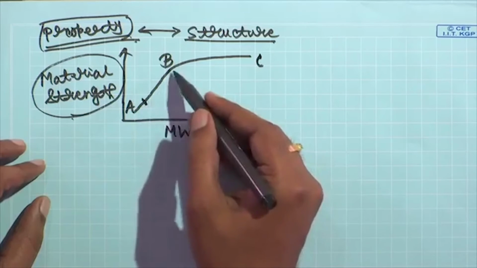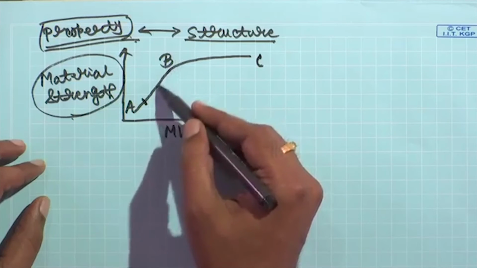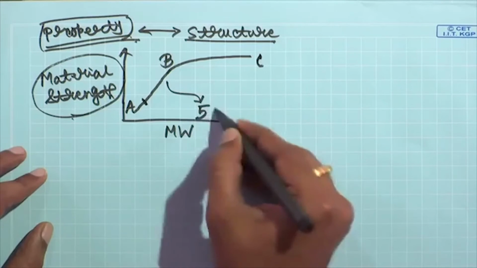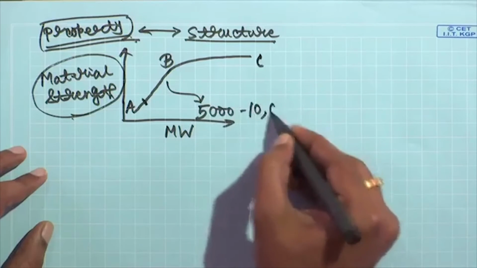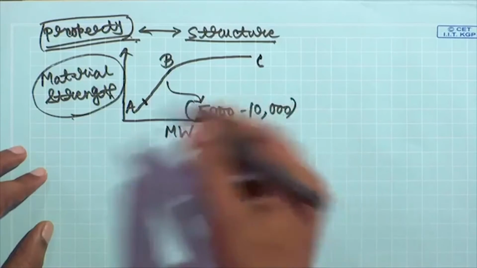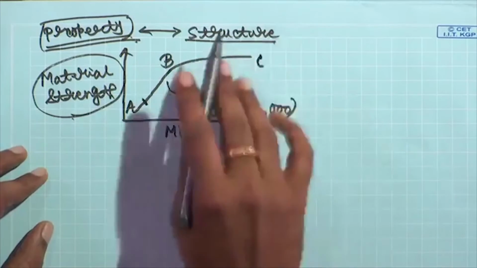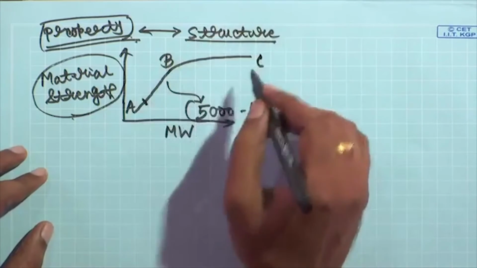So, you need at least a certain molecular weight so that the properties start to evolve, and this is typically, again approximate, between 5000 to 10,000. At least you need this kind of molecular weight to get certain properties that become relevant for applications, and after that they may slowly saturate, and so on.